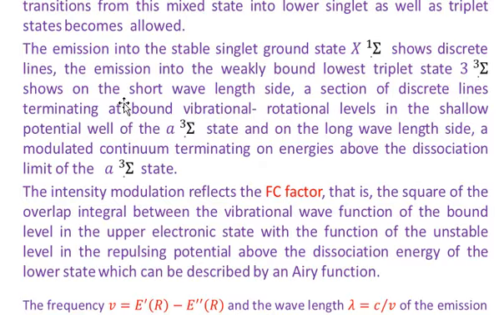shows on the short wavelength side a section of discrete lines terminating at bound vibrational-rotational states in the shallow potential well of the a 3 sigma state, and on the long wavelength side a modulated continuum spectrum terminating on the energies above the dissociation energy of the a 3 sigma state.